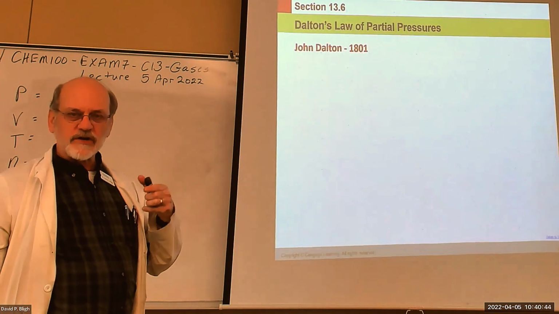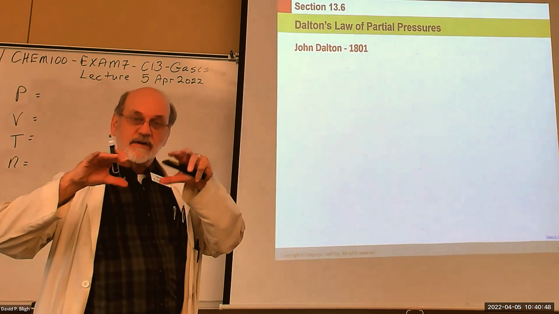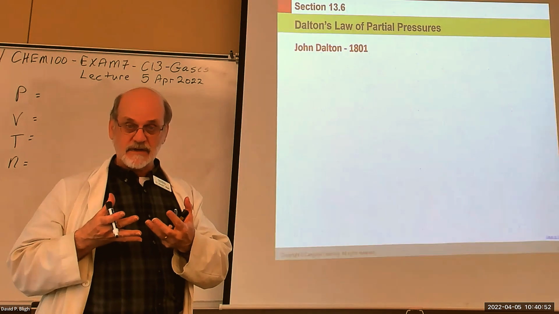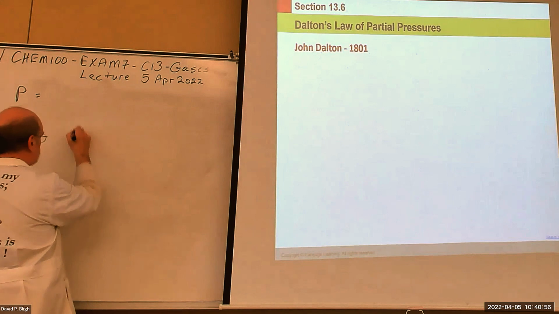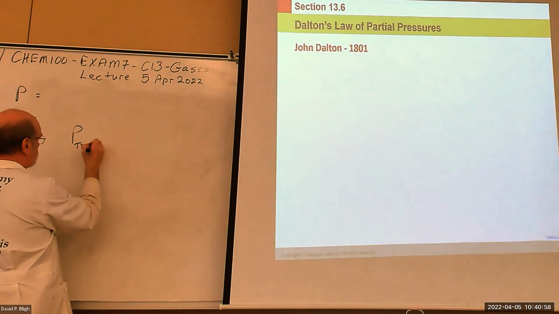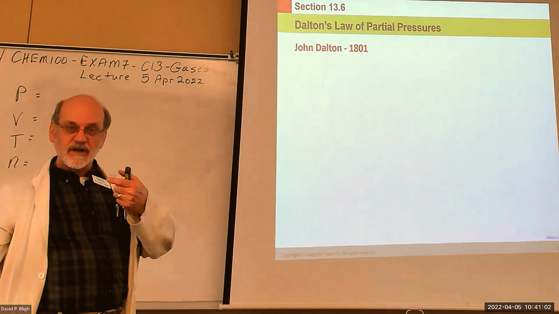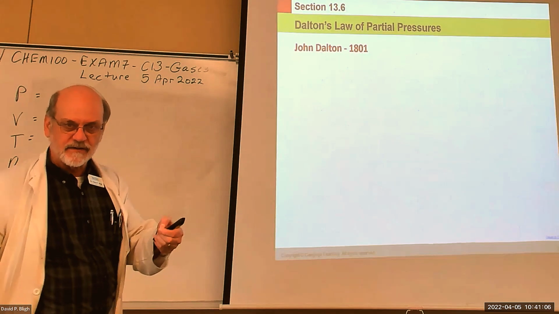The law of partial pressures is very simple. It just says, if you have a gas mixture combined in a vessel, and you measure the total pressure inside that vessel, the total pressure is actually the summation of the pressure due to the individual gases.